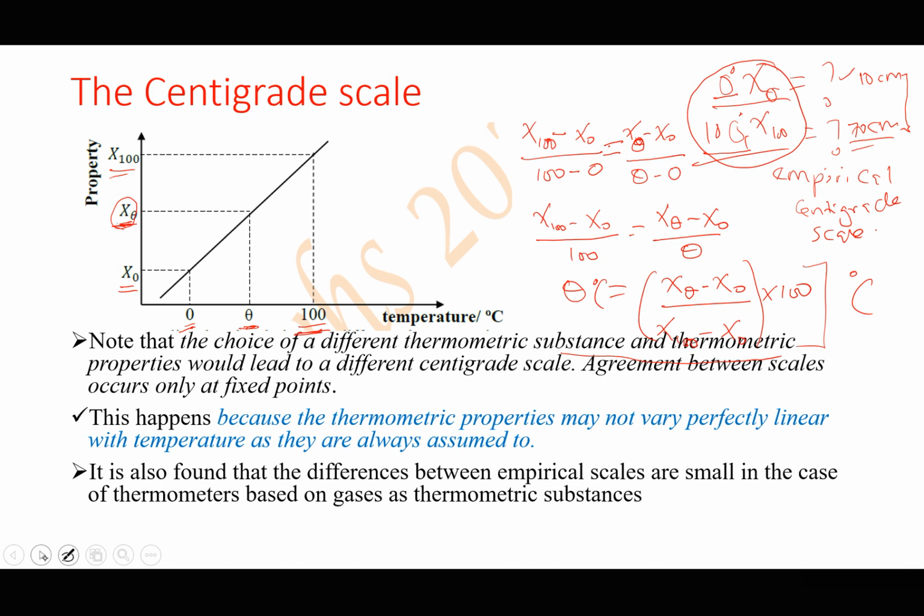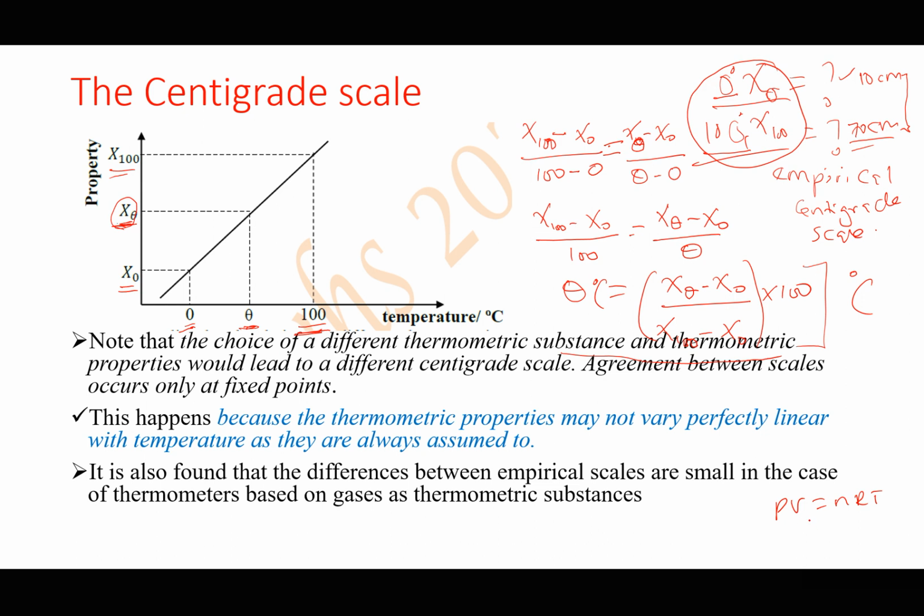It even becomes smaller if the gases are at higher pressures, because we shall later see that there exists a point when the gas now behaves as ideal. And if a gas starts behaving as ideal, then it obeys the equation PV = nRT.